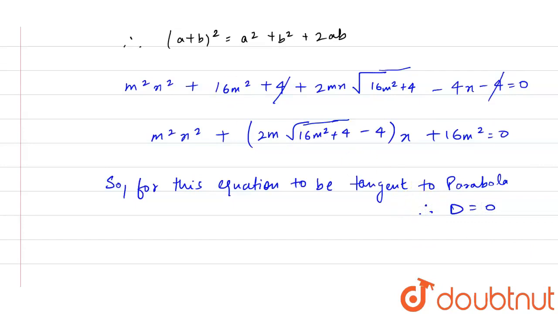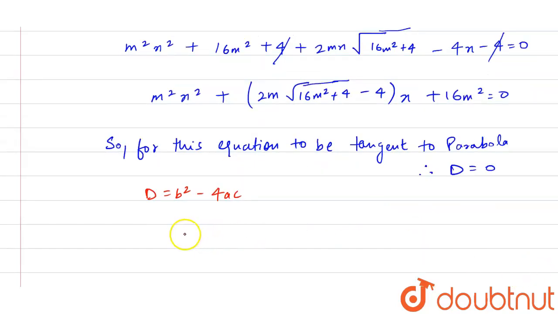We know that D equals b square minus 4ac, where D is the discriminant. From this equation, this value is b, this is c, and this is a. So we can write b square minus 4ac, where b square is the square of the term 2m under root 16m square plus 4 minus 4, whole square.